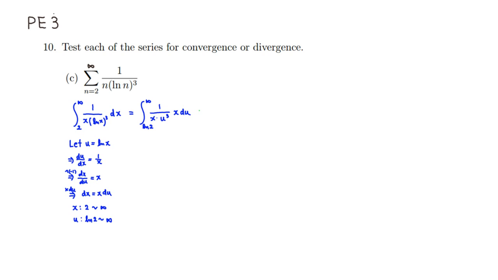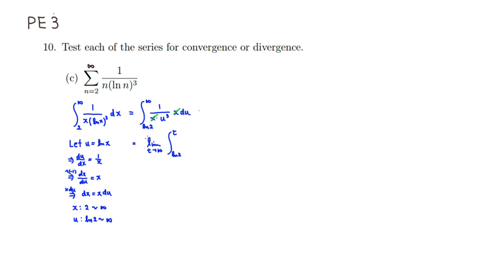Then we can do a cancellation here because we have to get rid of all the x's. Since this is an improper integral, we have to replace the infinity by, say, t, and the lower limit natural log of 2 is okay. We have a limit as t approaches infinity.